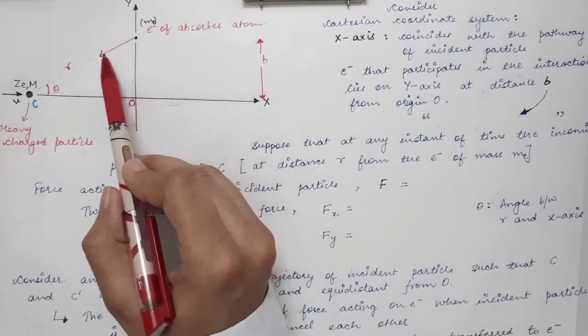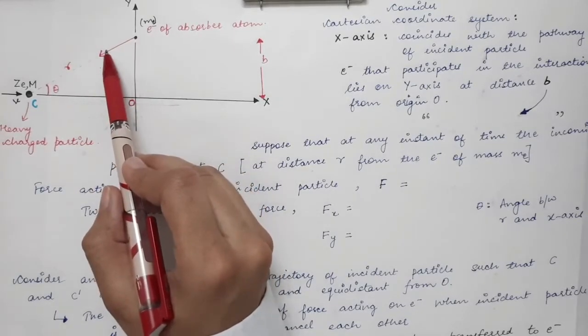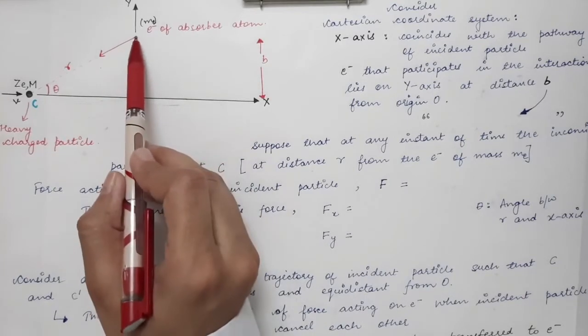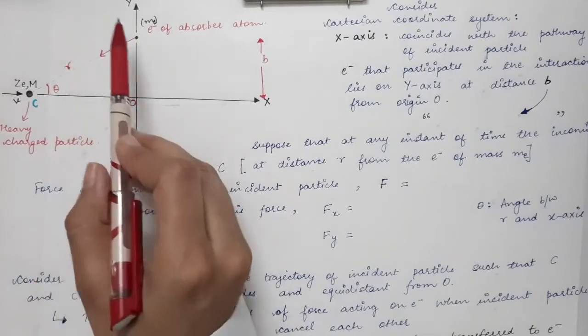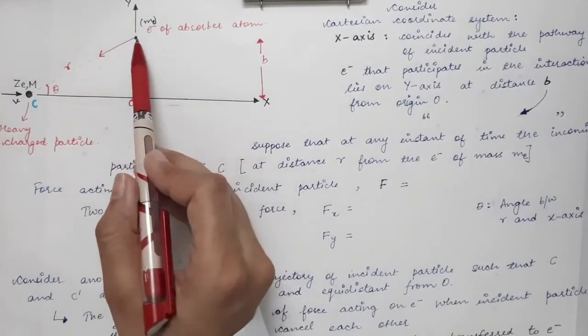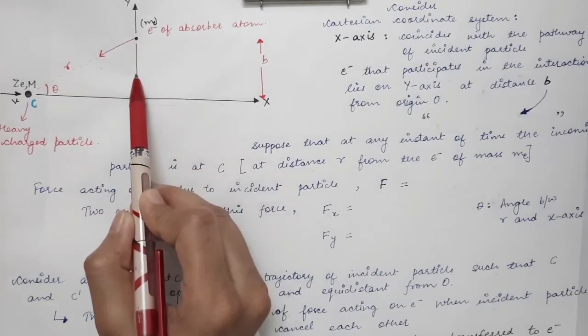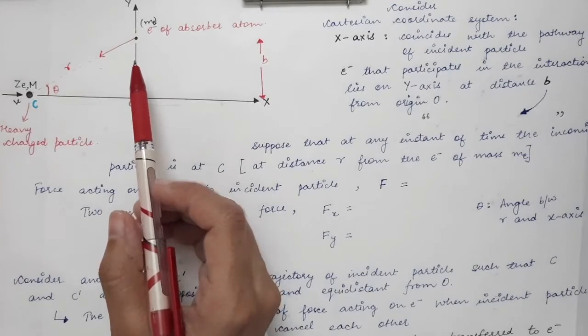The force will be along this direction. Now this force will be divided into two components, one horizontal and another vertical. One will be along the x-axis, and one will be along the y-axis. So there will be two components of the force.